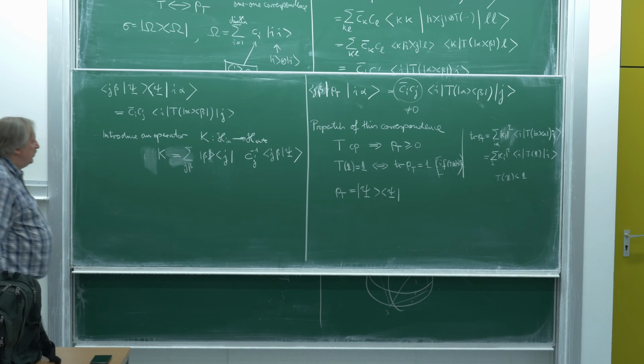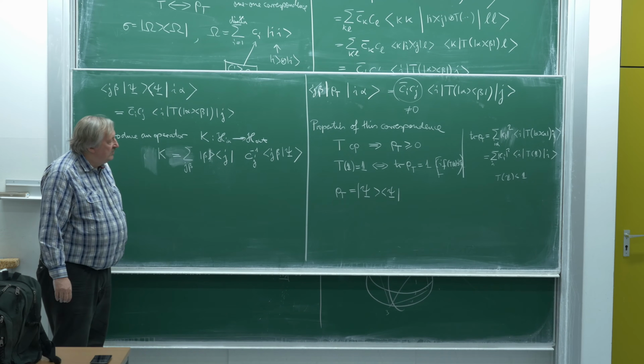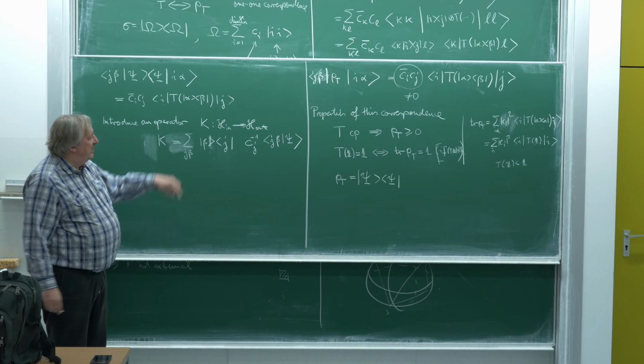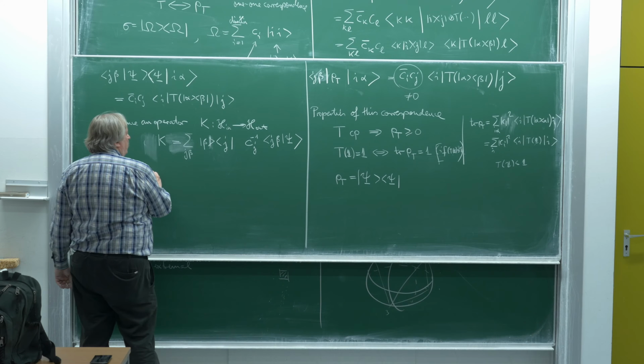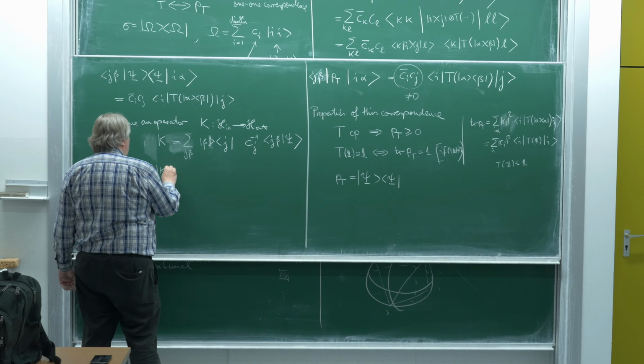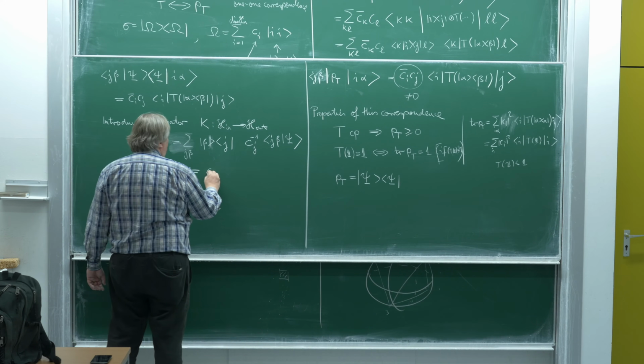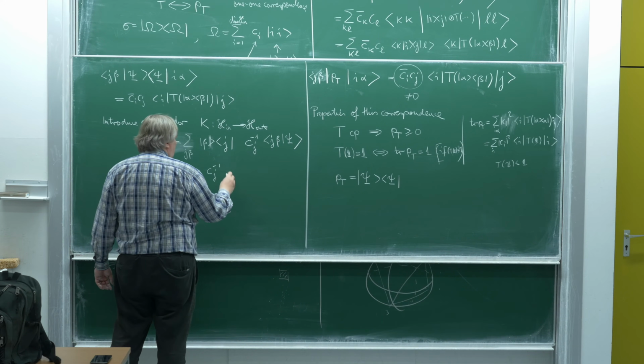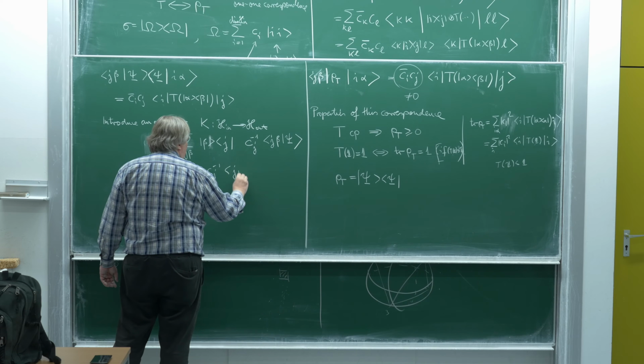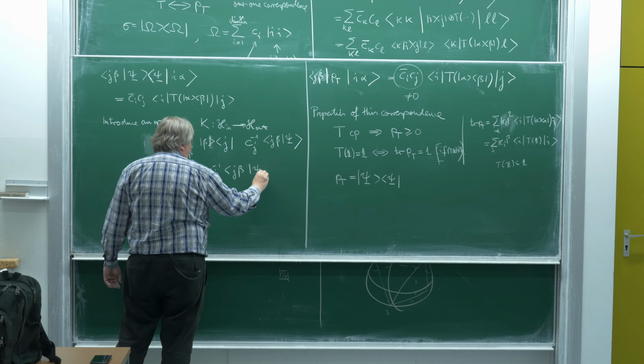Or if you wish, you express that just in a scalar product, a little bit like that other formula, I would say that ⟨beta|K|j⟩ is the same as C_j minus 1 ⟨j beta|psi⟩.